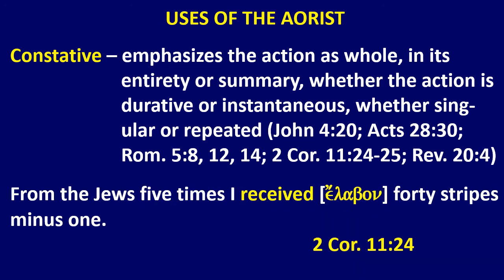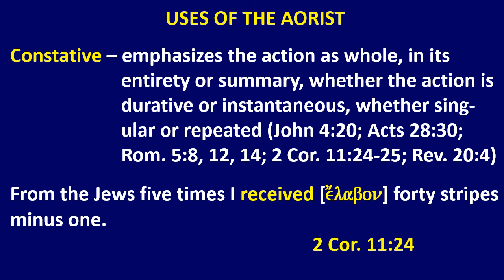Here is another example from 2 Corinthians 11, verse 24, that I think is also very clear in terms of the constative usage, because there are numbers involved in this verse, and even in 2 Corinthians 11:25, as we'll see. It says, from the Jews, Paul writes, "Five times I received," elaban is the aorist tense form of the verb here, "forty stripes minus one," 39 lashes.